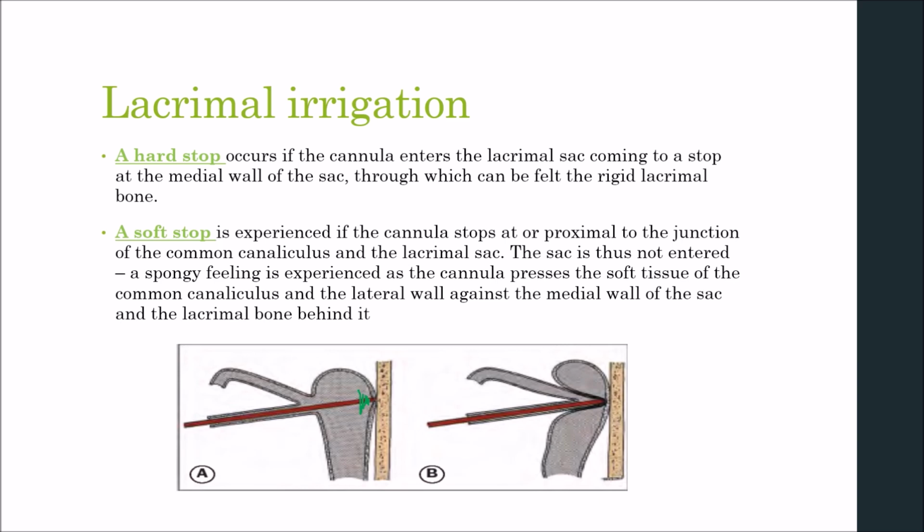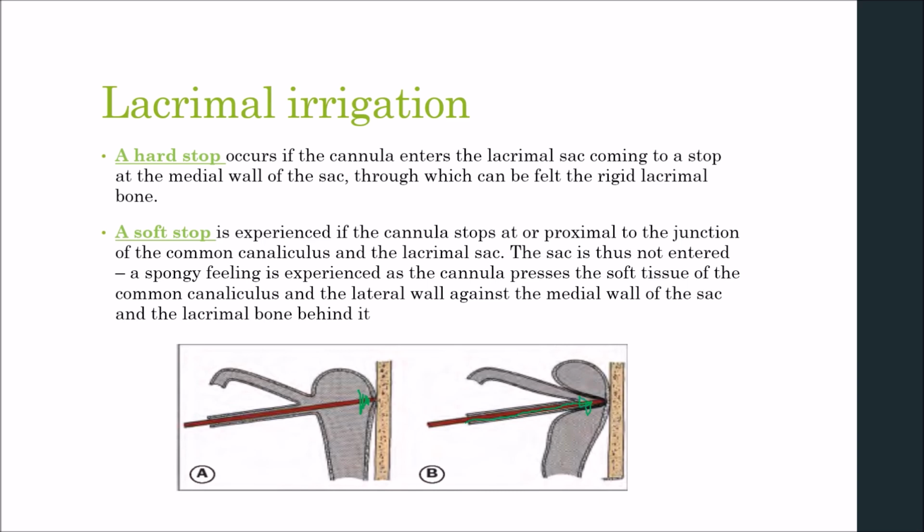The other outcome can be a soft stop, which is experienced if the cannula stops at or proximal to the junction of the common canaliculus and the lacrimal sac. The sac is thus not entered, as shown here in this picture.